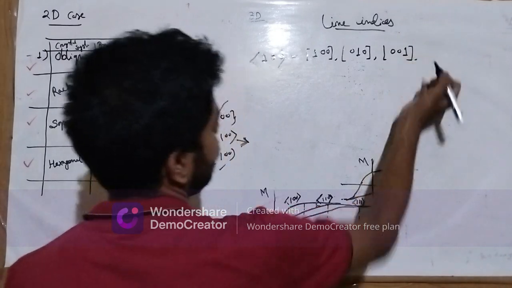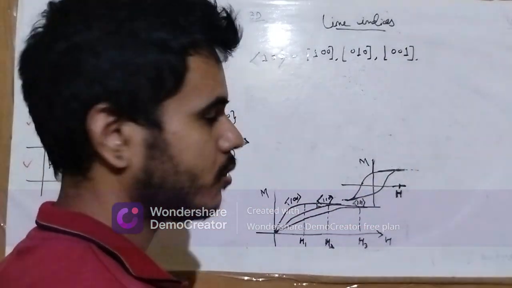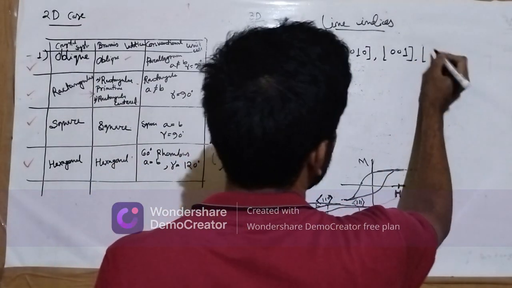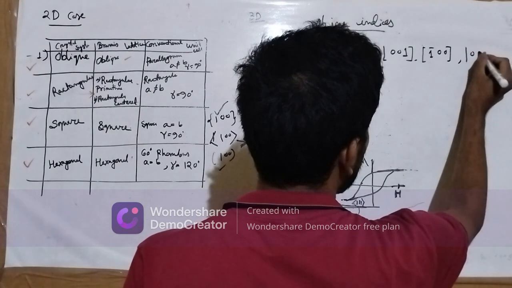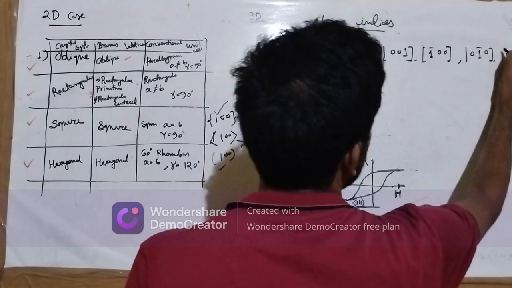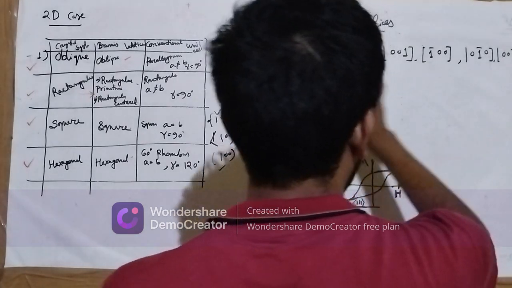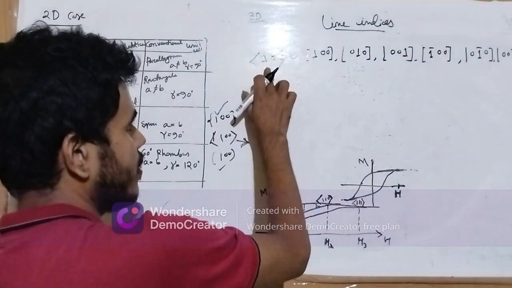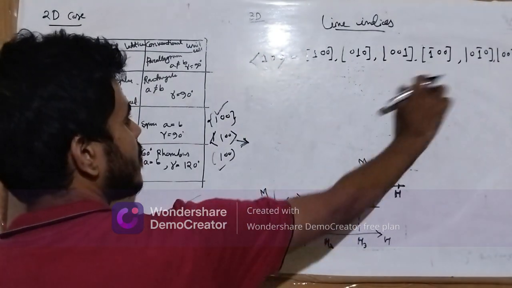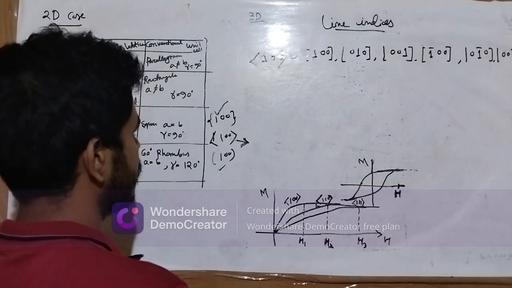Then the others: 1 bar 0 0, 0 1 bar 0, 0 0 1 bar will also be there. So this family has 6 members. You have to know this, this type of question may be asked in an interview.